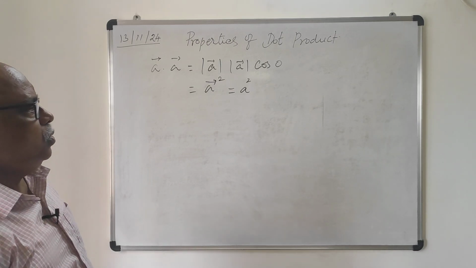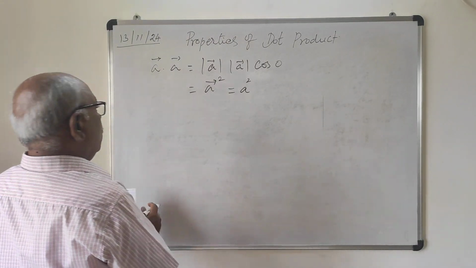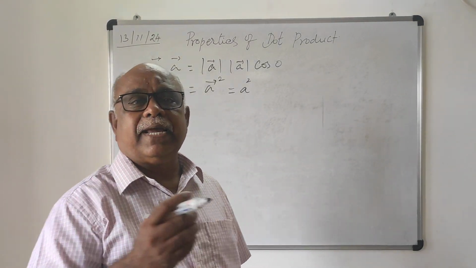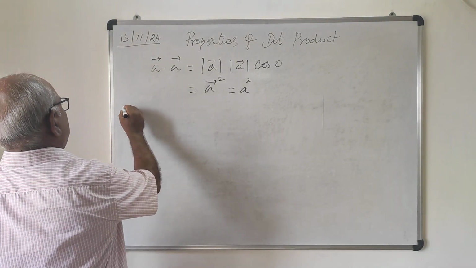Now I am going to introduce the dot product of i, j, k unit vectors acting along the coordinate axes. That is our property 5.